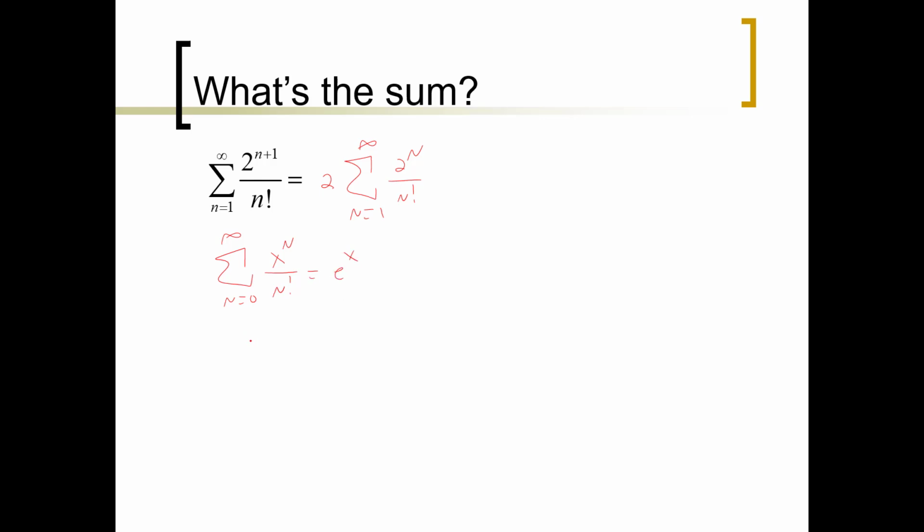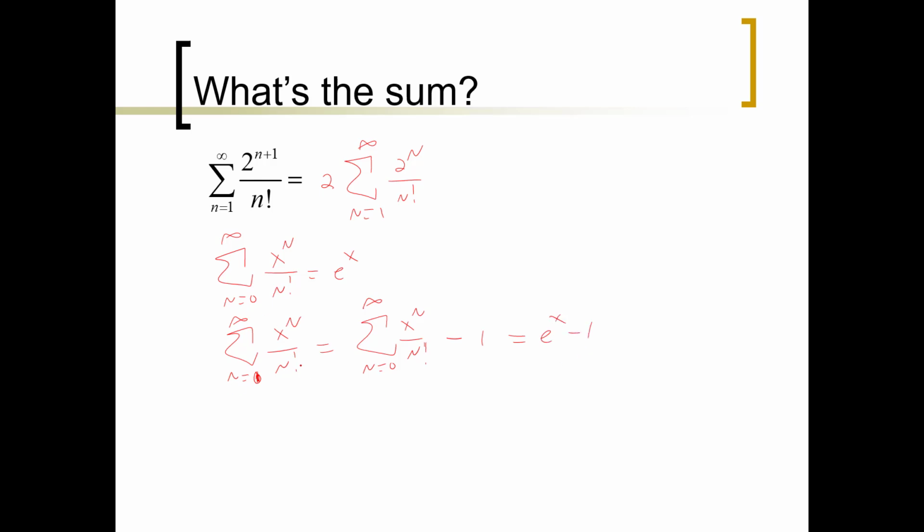So if I look at the summation as n goes from 1 to infinity of x to the n over n factorial, that would be the overall summation as n goes from 0 to infinity of x to the n over n factorial minus the one term I don't want to count here. The only term I don't want to count here is when n is 0. So if I plug in n to 0, you would get 1 over 1, that's 1. So this is then e to the x minus 1.